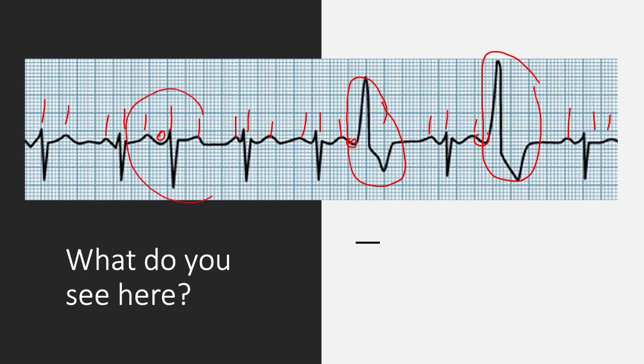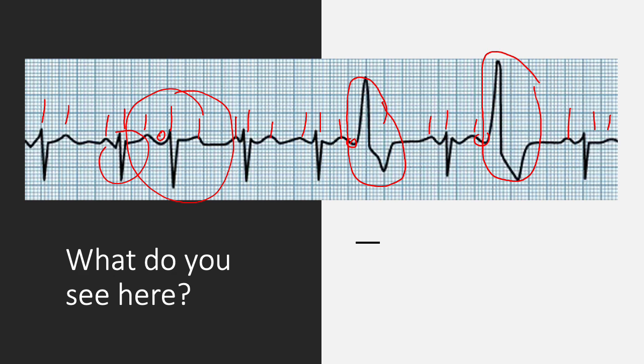This one that is also missing a P wave also has a slightly larger QRS complex in amplitude than the normal ones here. So this could potentially be a premature junctional complex because there's no P wave before it, so it could be a premature complex arising from the bundle of His or somewhere around the AV node.